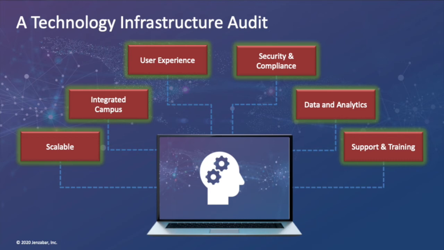The next piece, of course, is integrated. And that stems from not only just the data. Is your data integrated? Are your systems integrated? Is your campus integrated? A lot of times what we see is an IT staff who says, Jeff, I have this question about this third-party software. And I'll say, okay, well, good thing we have some time.